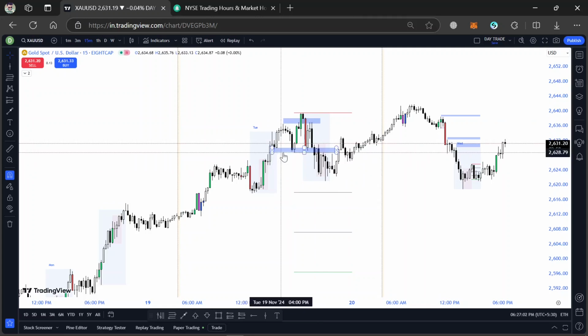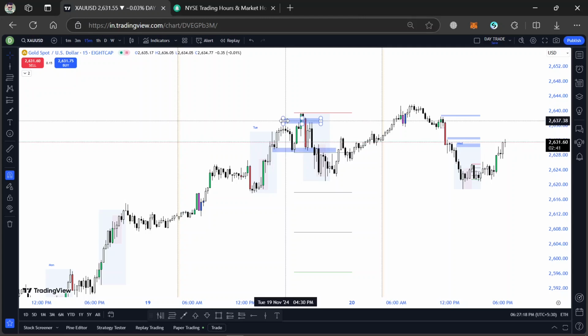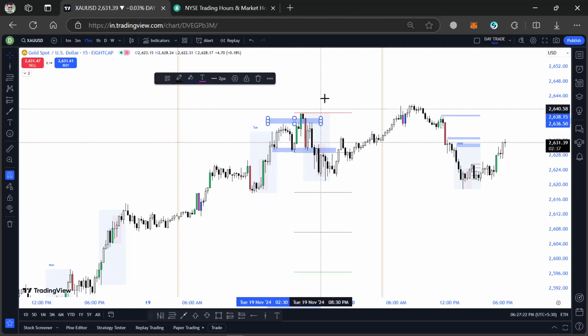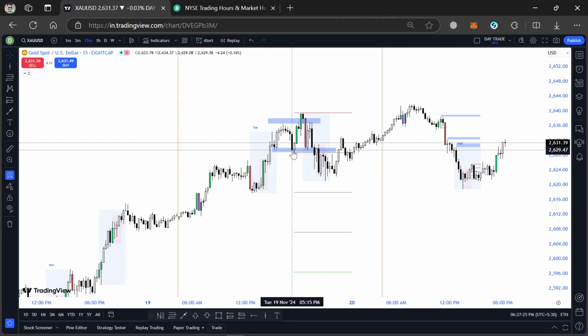So right there, the market has broken this low, and a lot of short traders got triggered with this. Let's just assume that I have shorted this market, and my stop loss goes right there, right on this pin bar. And the market, I am just short now, and immediately on the next candle I am underwater.